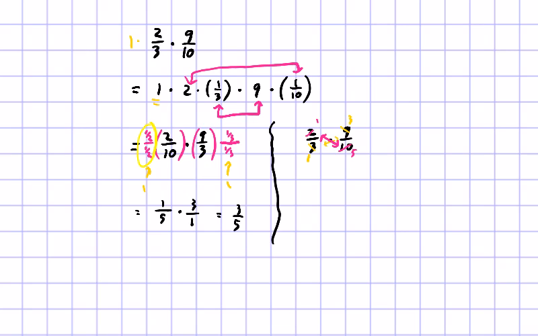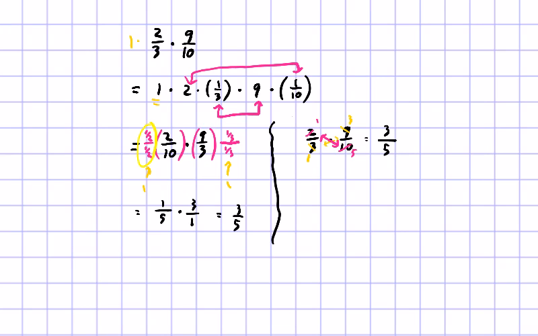We're multiplying by 1/2 over 1/2 when we divide both numerator and denominator by 2. And after doing all of the crossing out, we have 1 times 3 left in the numerator, which is 3, and we have 1 times 5 in the denominator, which gives us 5.